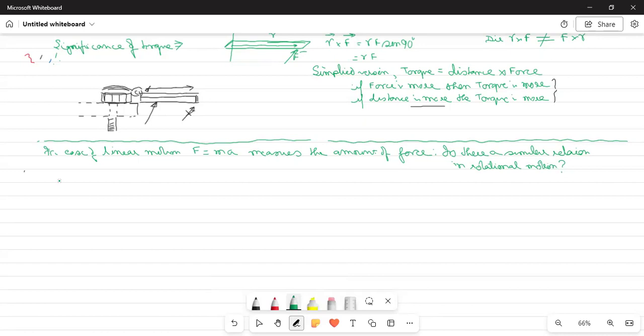Once again, let us take a laminar object like this, which is very thin, and let us consider the axis of rotation O. There is a small hole in the lamina, and there is a nail, and this lamina can rotate in this direction or in this direction around this axis of rotation.